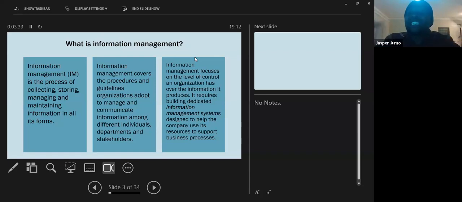The reason why they leak information is as a result of lack of control of an organization over the information that they have. So it is very important for a company to have control over the information that they have, so that the company can use that information to support business processes.